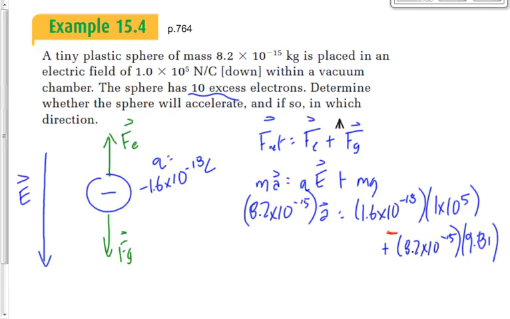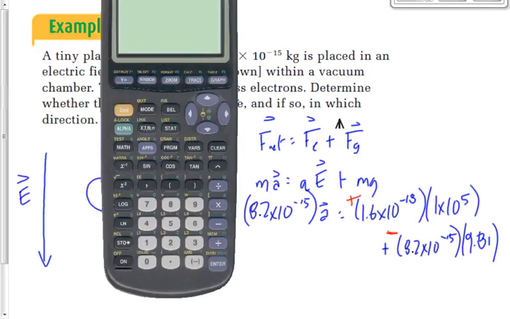Jeremy, which way does the electric force point? Despite the field being downwards, we care about the direction of the force. It's upwards, so we're going to make it a positive value. So what you're going to want to do now is get the number on the right-hand side. We'll do that as a group here. And then simply divide it by 8.2.